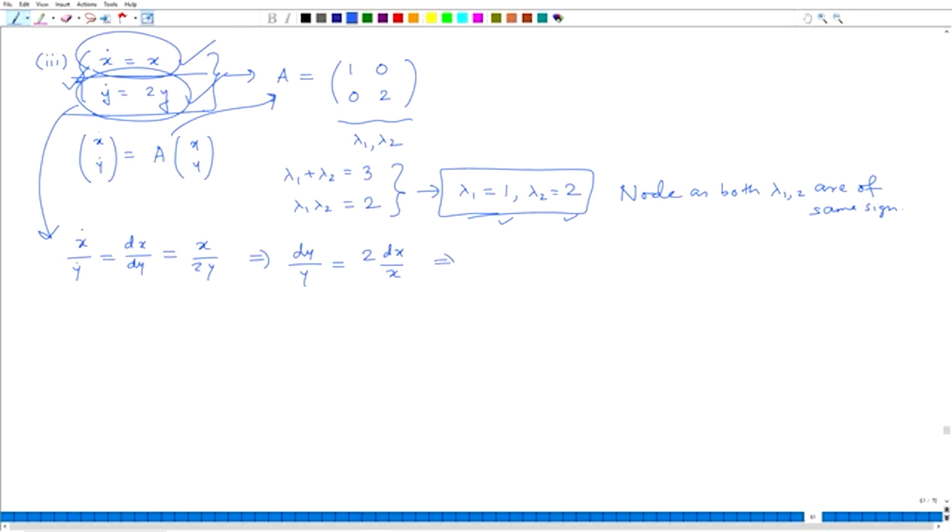Finally, by integrating you will have log y is equal to 2 log x plus log of some arbitrary constant c. So, I can again write y is equal to c x square. You can find this by any other method.